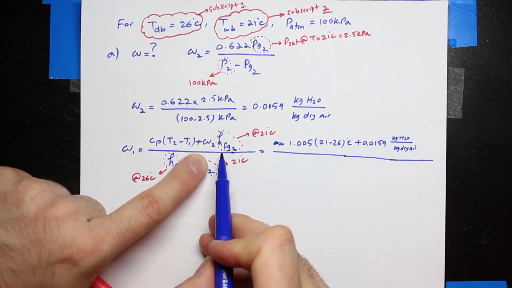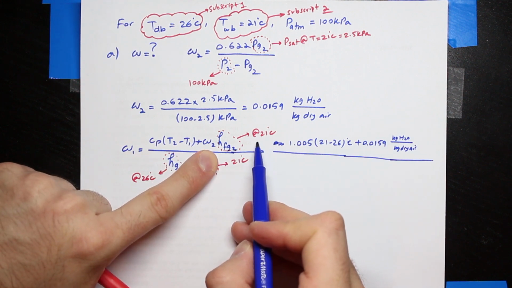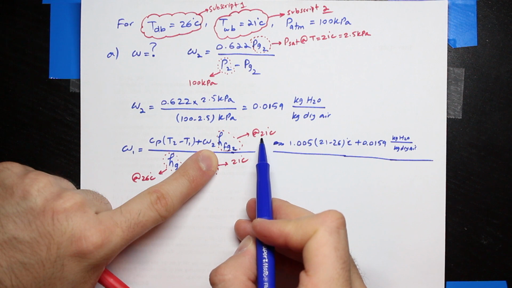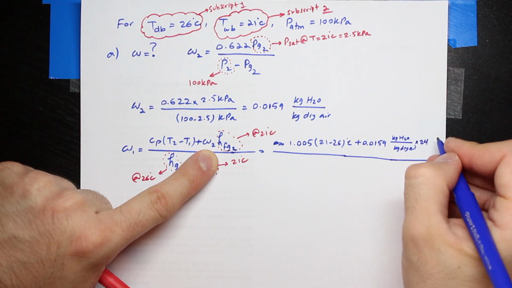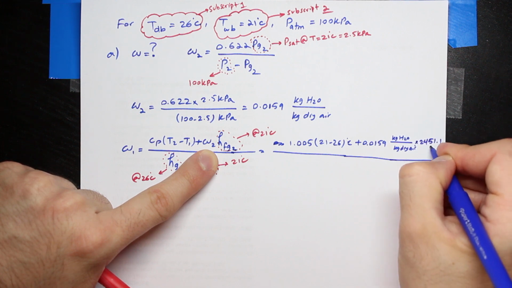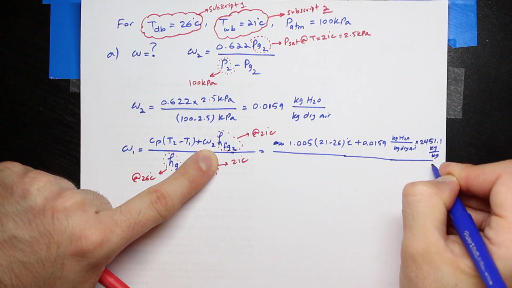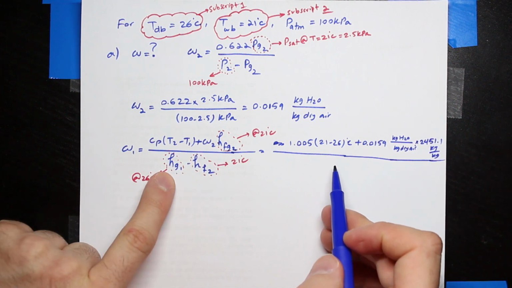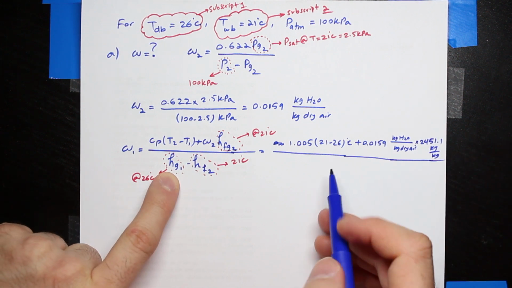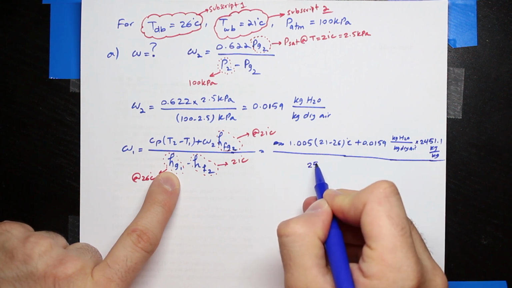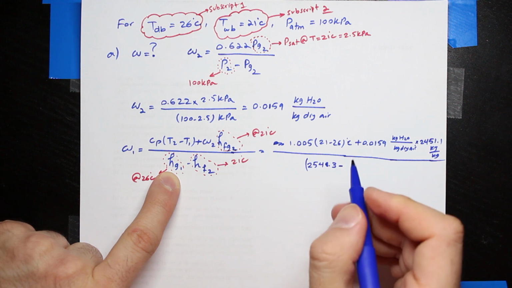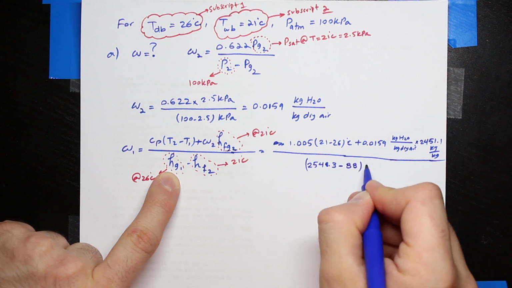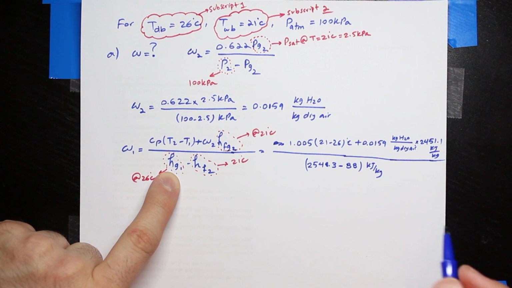multiplied by HFG2. So you go to table A4 and you need to do an interpolation to obtain it for 21 degrees C, but it should be equal to 2451.1 kilojoule per kilogram, right? And in the denominator you have HG1, which is 2548.3 minus 88 kilojoule per kilogram.